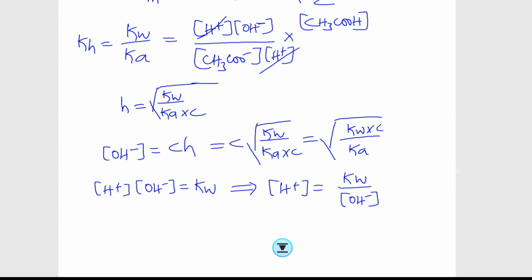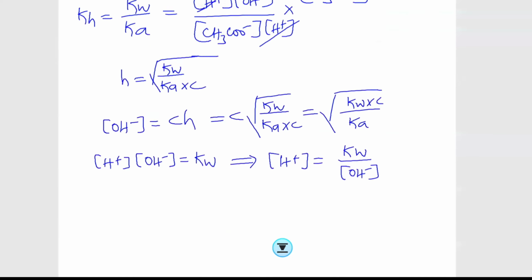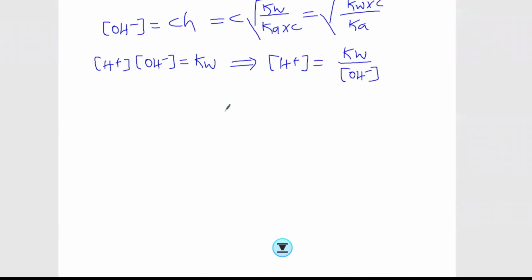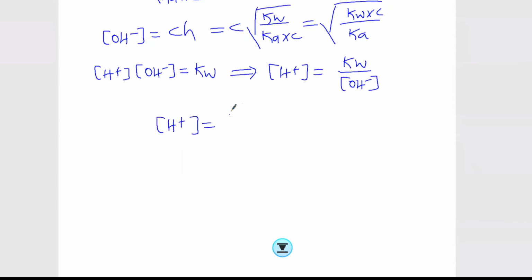Now I am going to substitute here: KW by OH minus. So the concentration of H plus will be equal to KW, and KW by OH minus is what? KW by root of KW into C by Ka.